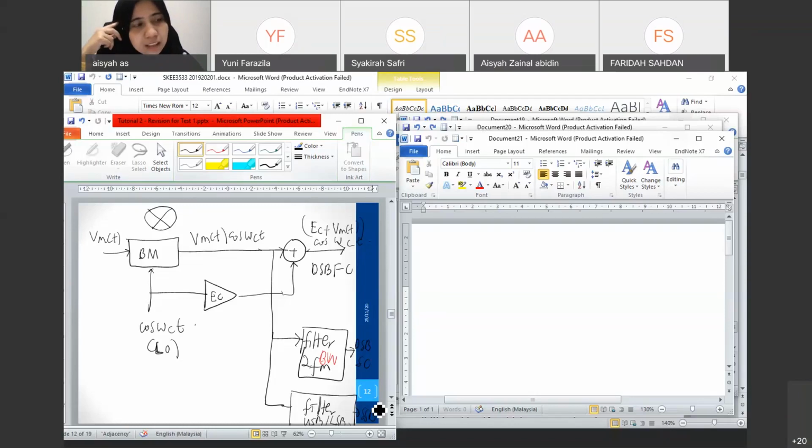Doctor, the question asks to show the output based on mathematical concept. So for the DSBSC and SSB, is it okay if we don't write the equation for the output? Because the question asks you to show the output based on mathematical concept, you also need to show the mathematical concept for this.